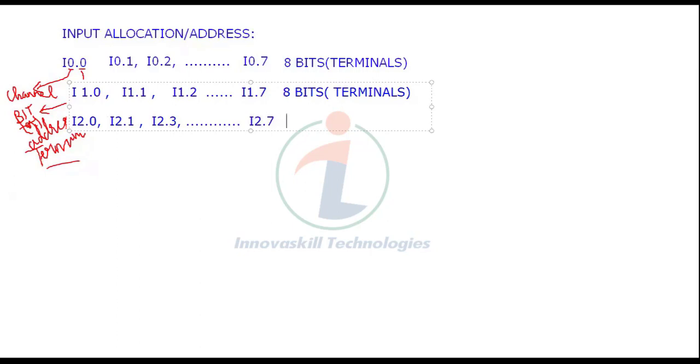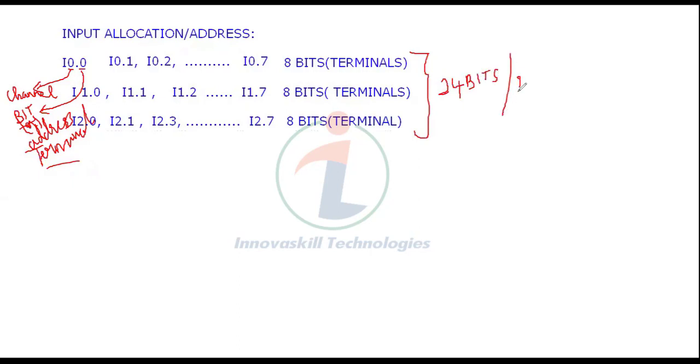So in this channel also we have 8 bits, 8 terminals available. So here we have a total of 24 terminals. In the CPU we have 24 terminals, that is 24 bits.